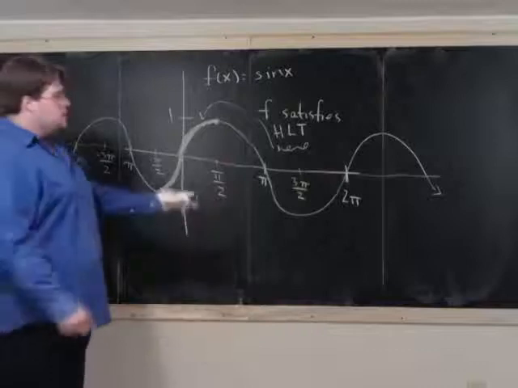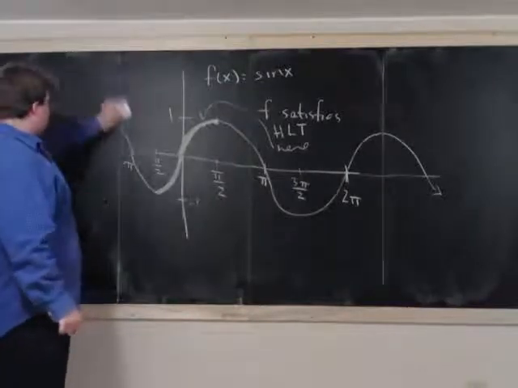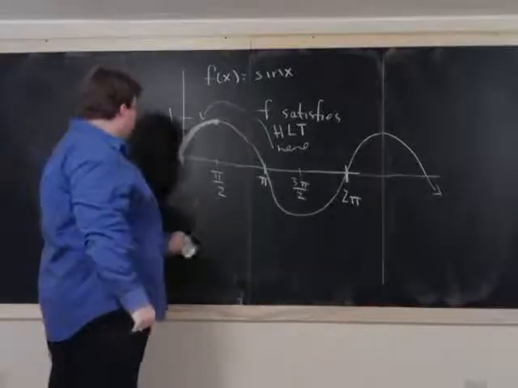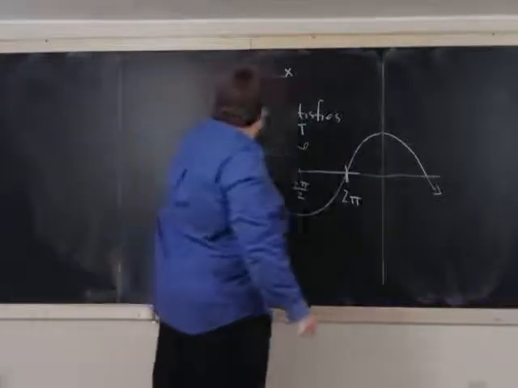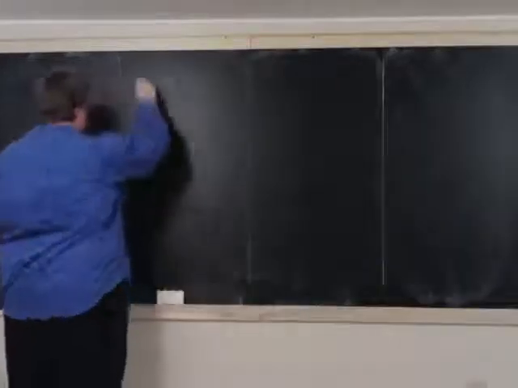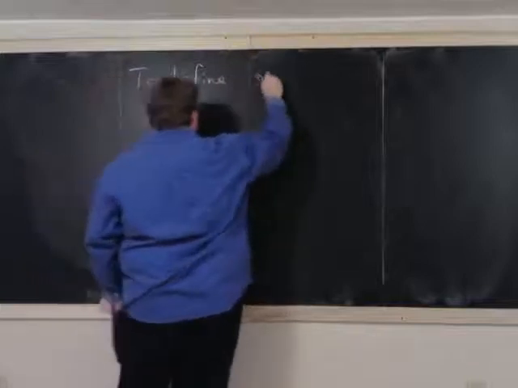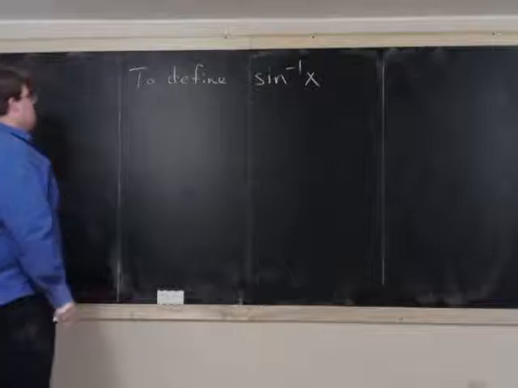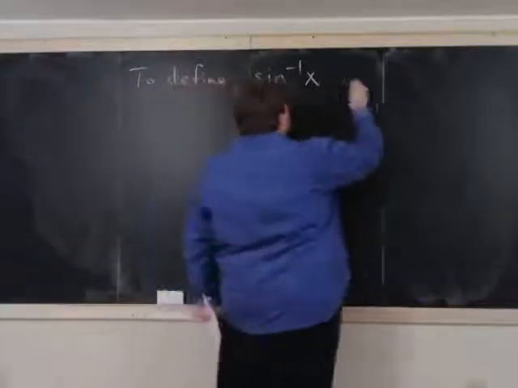So let's formally define the inverse sine function. Remember we're using negative pi over 2 to pi over 2. We're including the endpoints because we also want it to hit 1. To define sine inverse of x, which we'll write like that with the negative 1 there, we restrict the domain on sine of x.